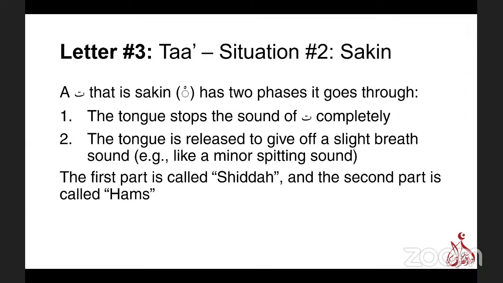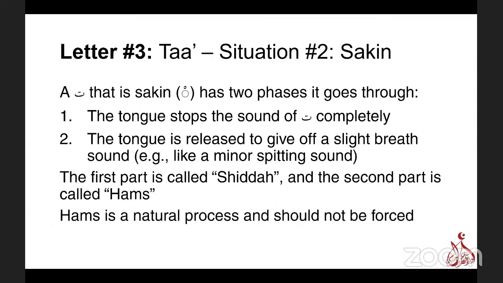Now, one very important thing is that this hams is a natural process. It should not be forced. This is where we come to a problem. In other languages like Urdu, a ta that's sakin does not have hams. That concept doesn't exist. For example, is there a word in Urdu that ends with a ta? Bat.